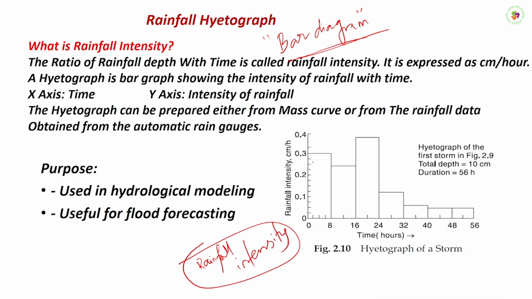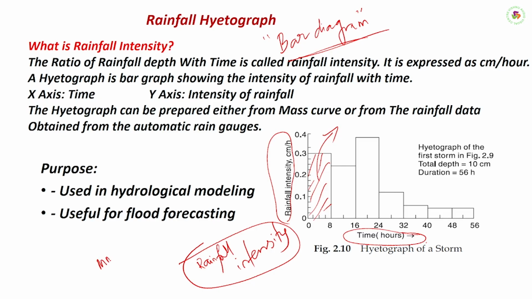Right? Each bar drawn here represents one particular storm's rainfall intensity. That's why a hyetograph is a graph drawn between time on the x-axis and rainfall intensity on the y-axis. What do you mean by rainfall intensity?